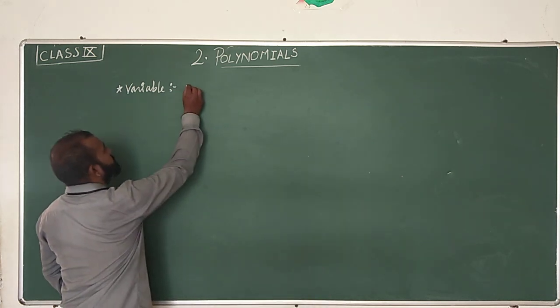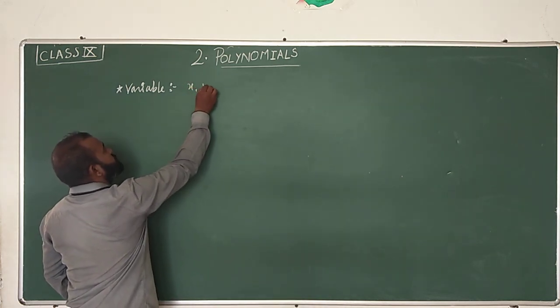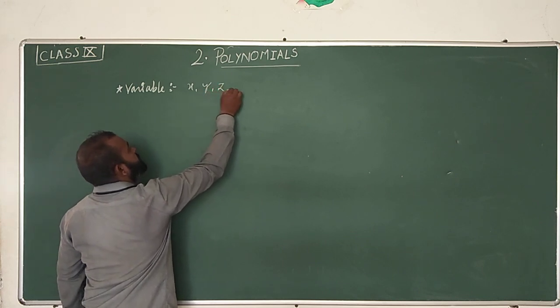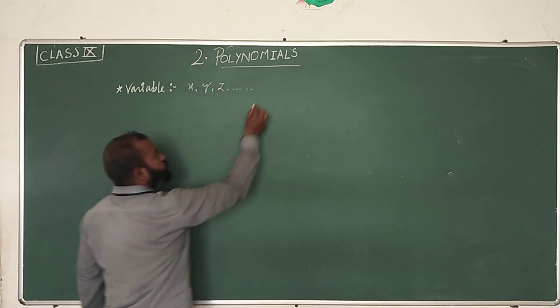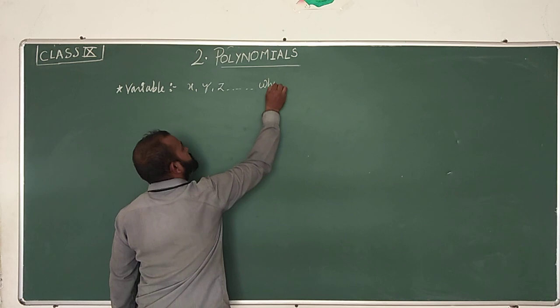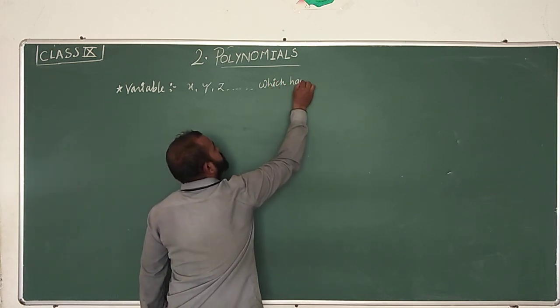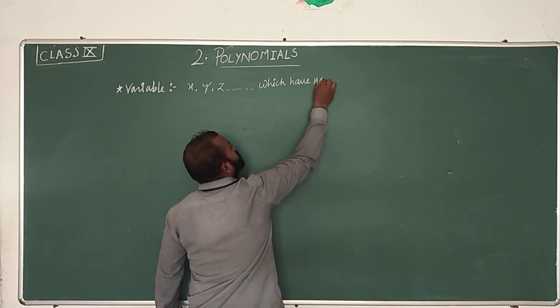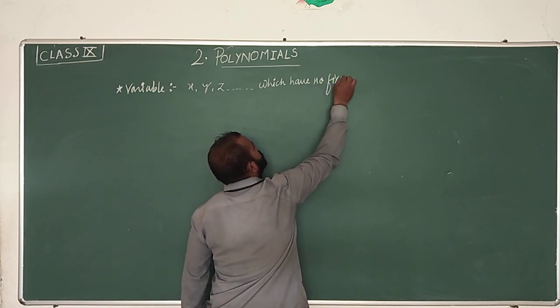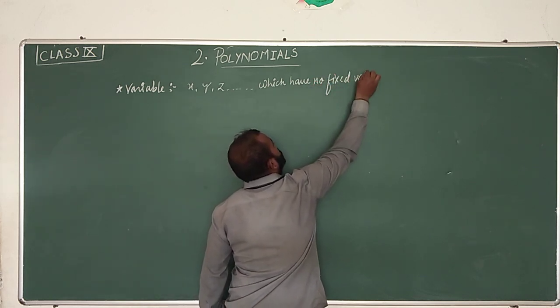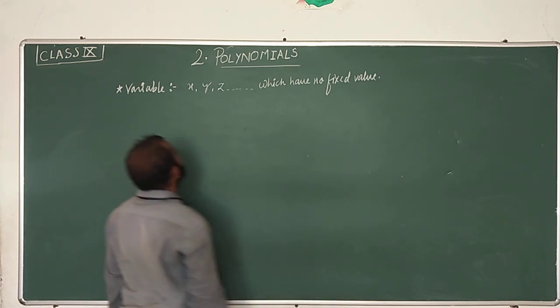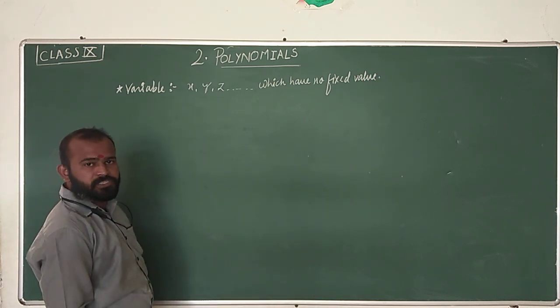Suppose we can give the examples x, y, z and so on, which vary or which have no fixed value. Those are called variables.